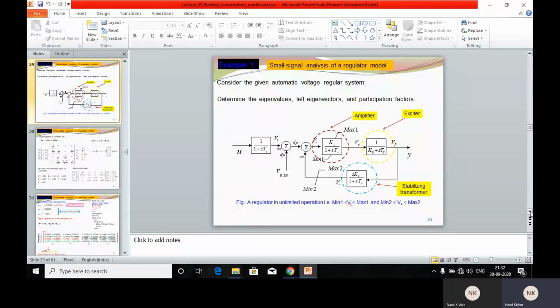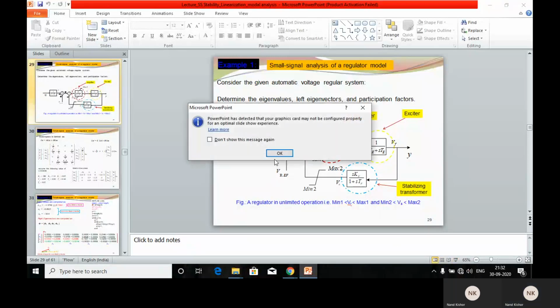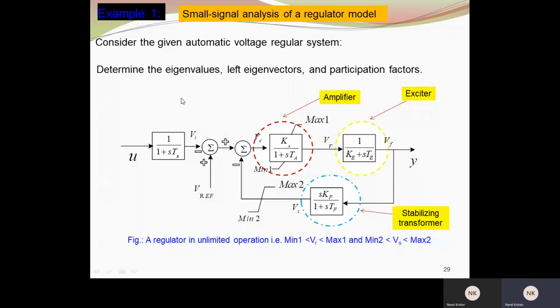Here we want to take an example for small signal analysis of a given component, and we take an example from a regulator model.